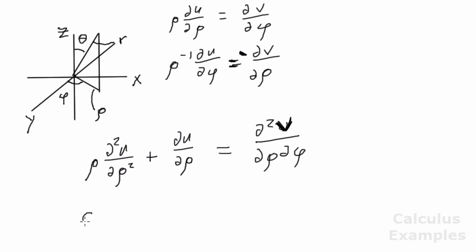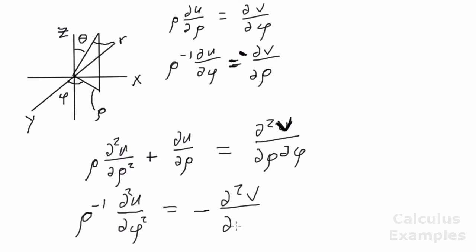Right, so we get rho to the minus 1, second partial of u with respect to phi, is equal to negative second partial of v, partial of phi partial rho, in that order.